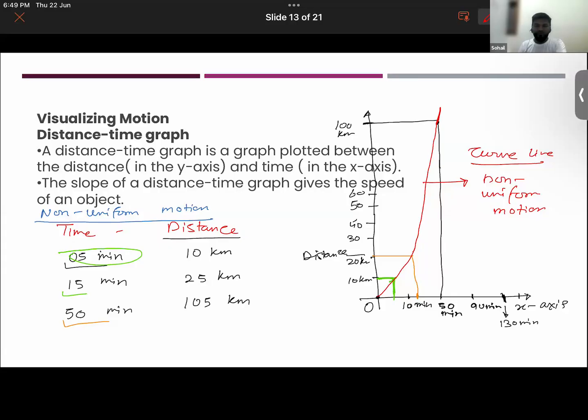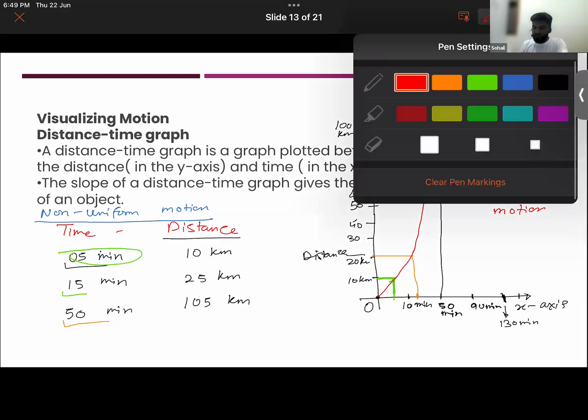Okay. Yes. Okay. So let's draw one more. And you are required to send your answer to the number right now. I'm giving you the data. Okay, Mafaz? Yes, sir.